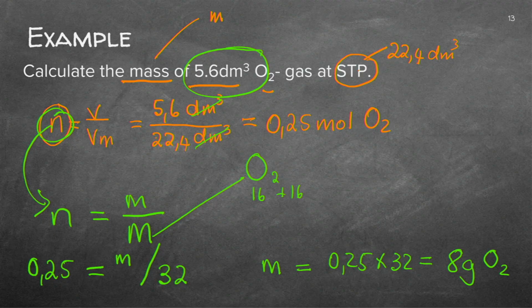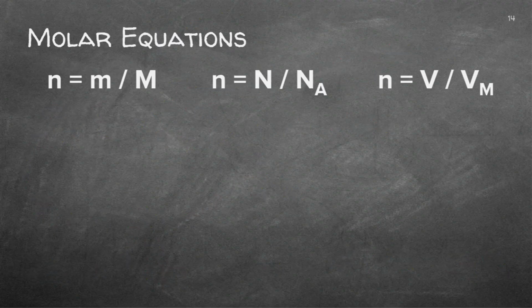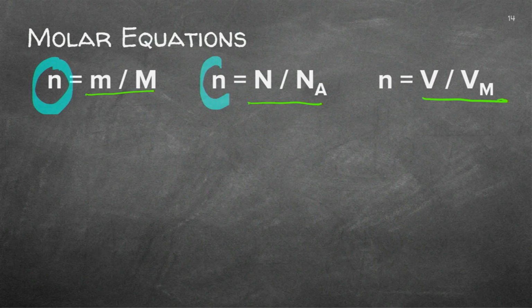Finally, if we take the 3 examples that we did, molar mass, that was in the one lesson. We did particles, and now we did volume. There's some relationship between the 3 of them. Firstly, you see all 3 of them will be equal to mole. So the molar mass, the molar particles, and the molar volume. So that's the one common ground for the 3 equations. The other thing that you have to know is that I'll always have that molar mass, because that's on my periodic table.